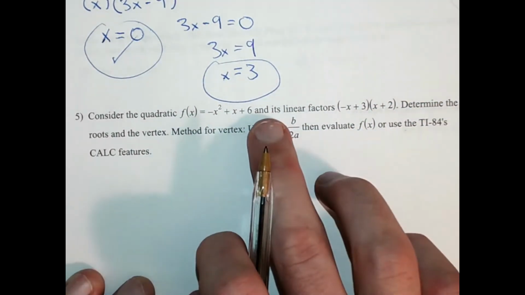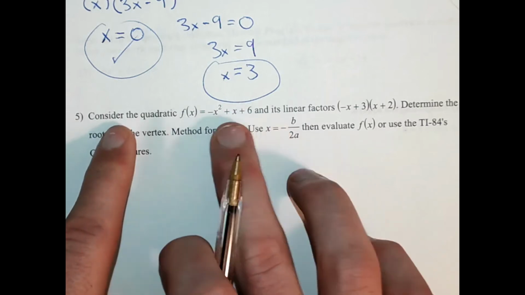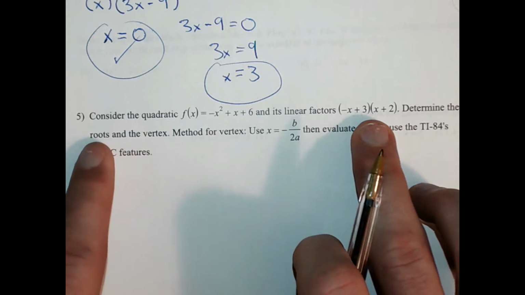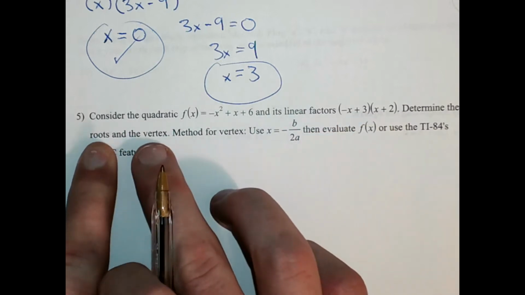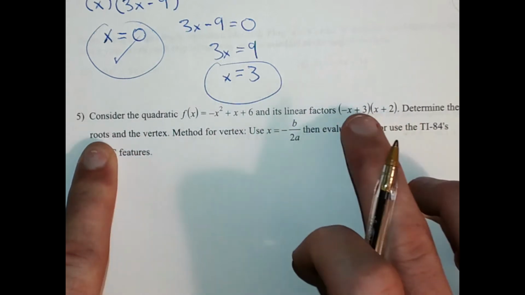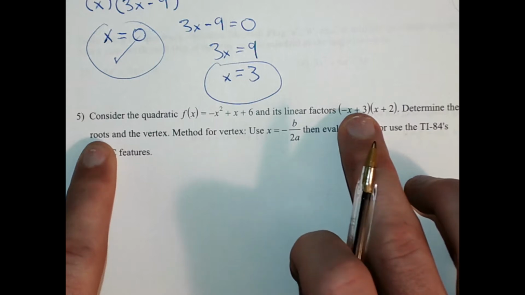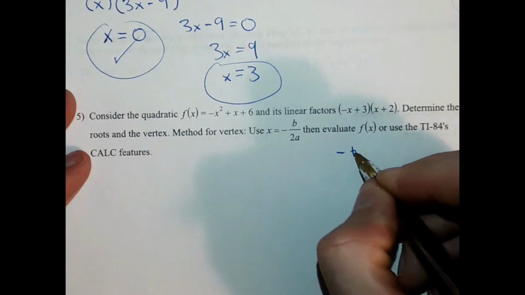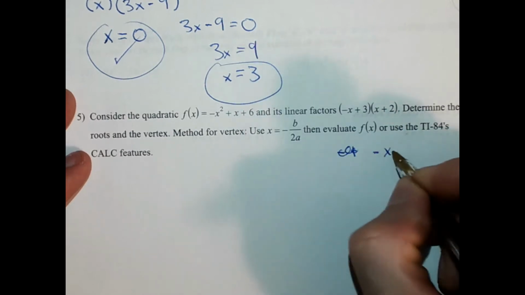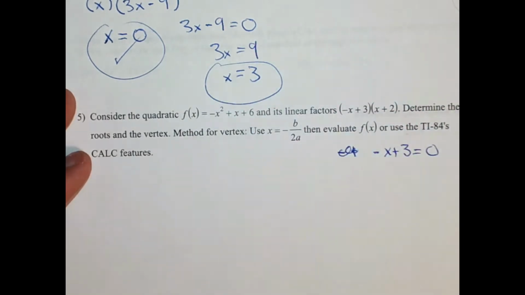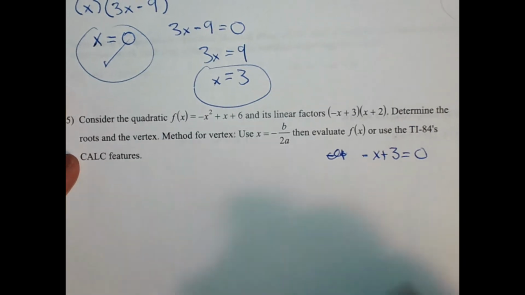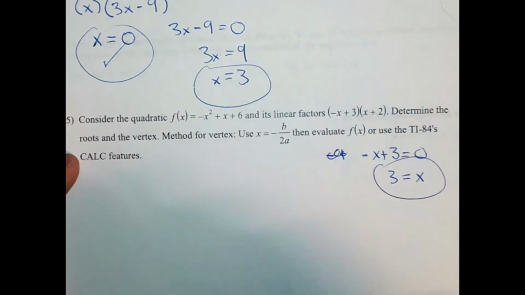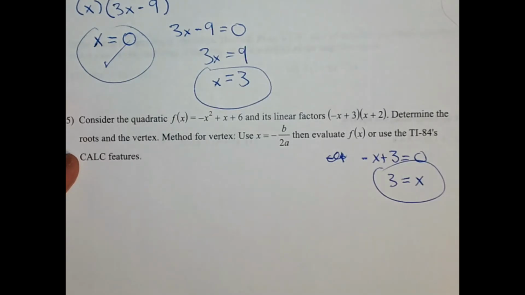So we've got a quadratic here. We've been given its linear factors. We want to know the roots and the vertex. So we're going to find the roots in just the same way as 1 through 4. Set each linear factor equal to 0 and then solve for x. In this case, I would just add x to both sides to get x equals 3 for one of my roots.